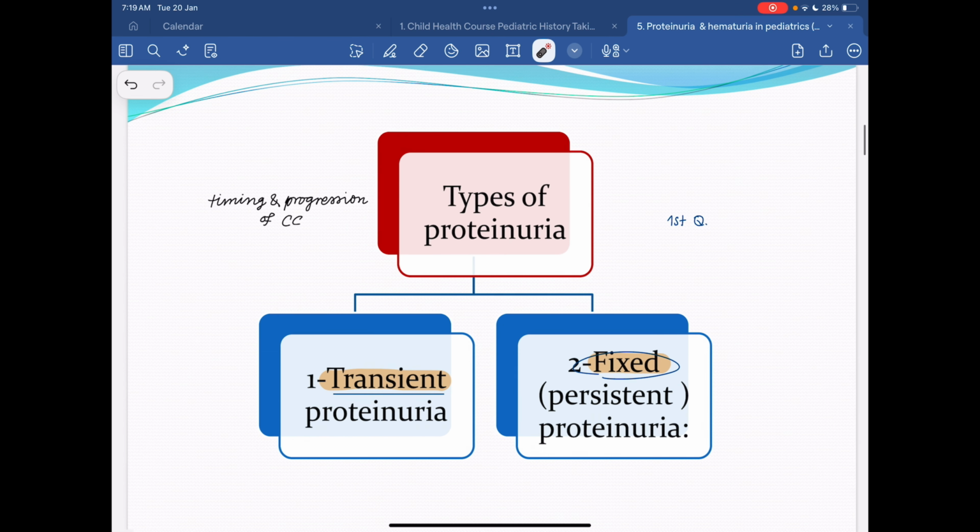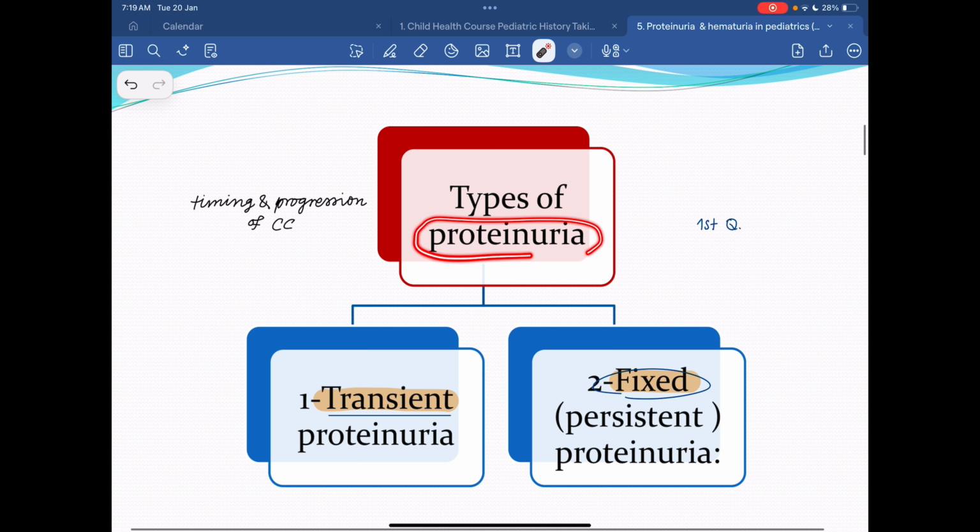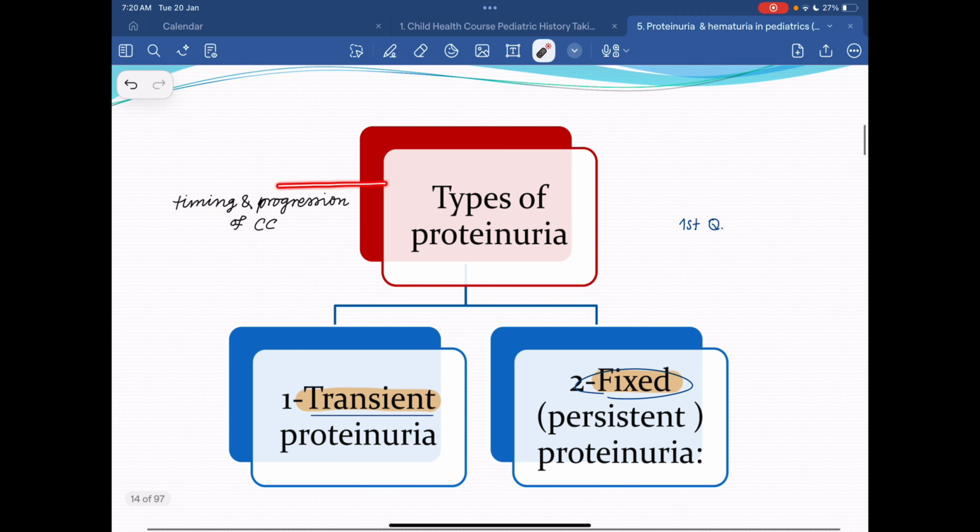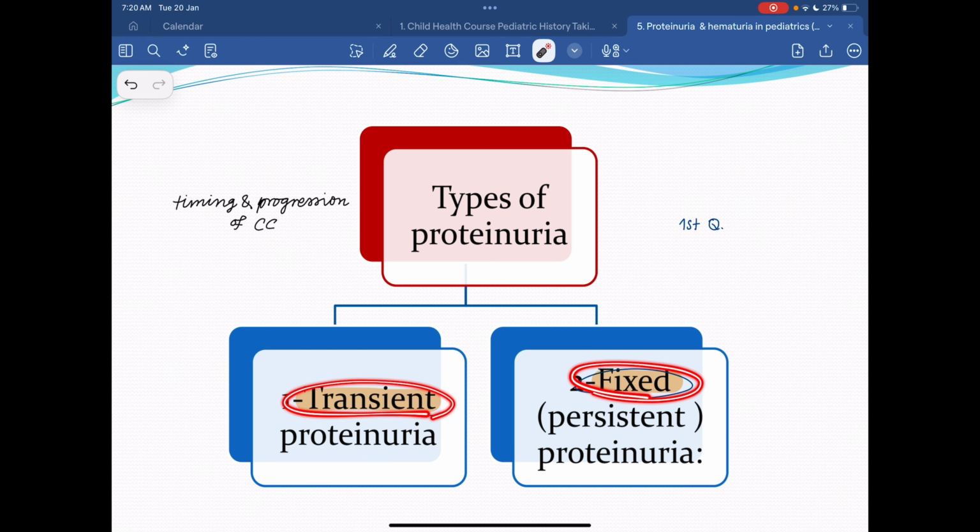Let's go to the types of proteinuria. So this is the first question you're going to ask إذا you found protein in the urine or if مثلا our patient اللي قلناها في البداية was complaining of edema ونبغى ناخذ ال full history حق ال urinary system. طبعا في Socrates we're going to ask about the timing and progression of the chief complaint. منها بنعرف is it transient proteinuria or fixed proteinuria.